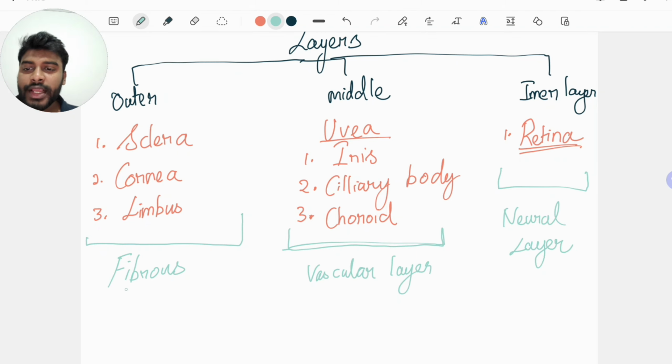The outer fibrous layer consists of the sclera, which protects your eyes from external things. The middle vascular layer has all the blood supply. And the neural layer is your vision, where the light falls on the retina.